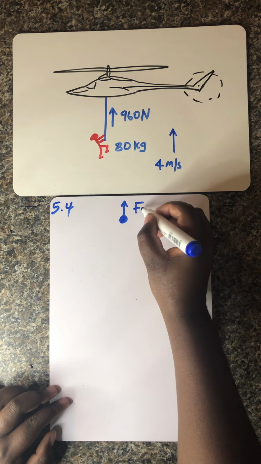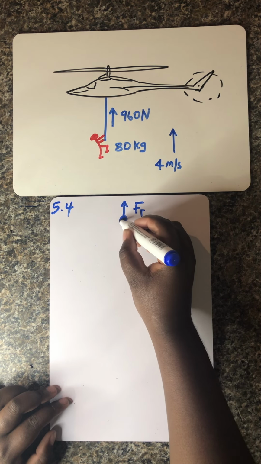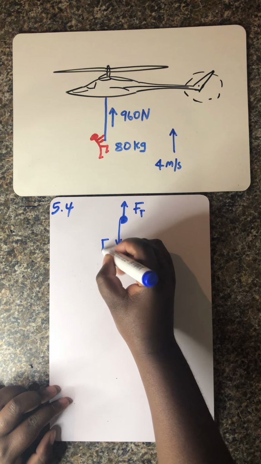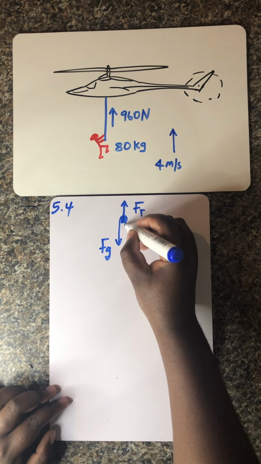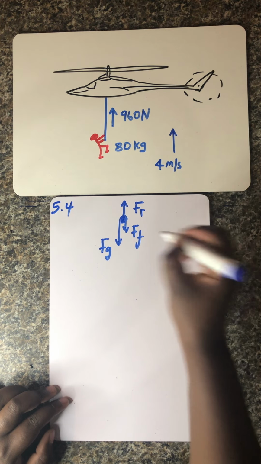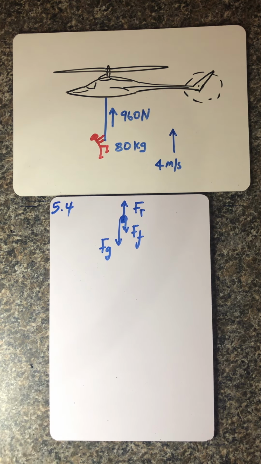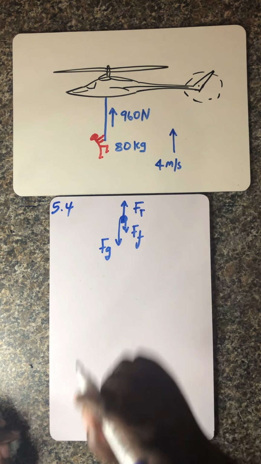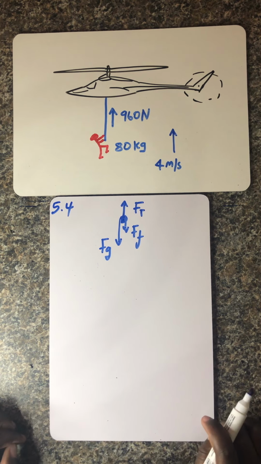So this is that force by tension, and we've got a force of gravity, and again we've got force by friction. Okay, can you see, ladies and gentlemen? So that means these are all the forces acting on that object.